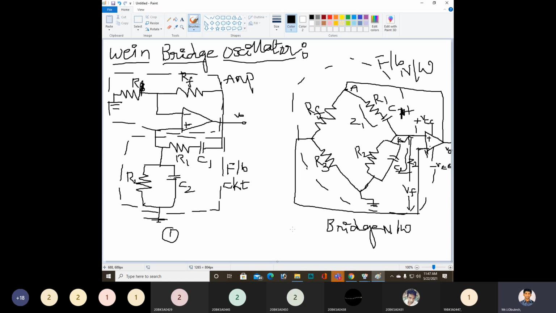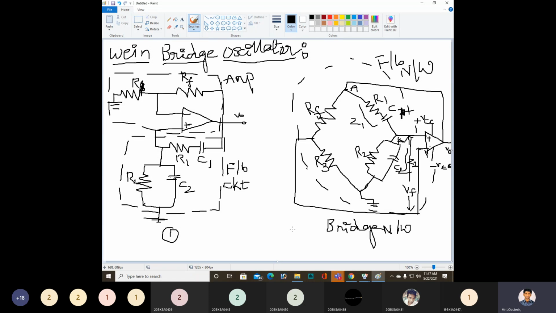So the op-amp is working as a non-inverting amplifier. Thus, the feedback network need not provide any phase shift.